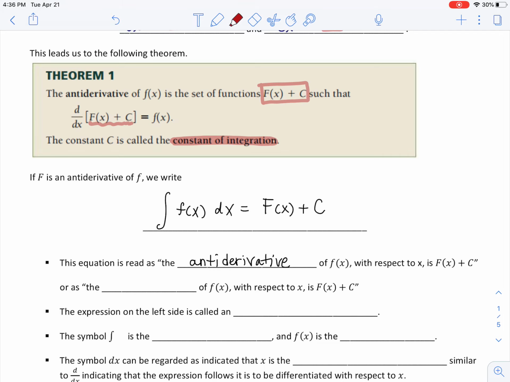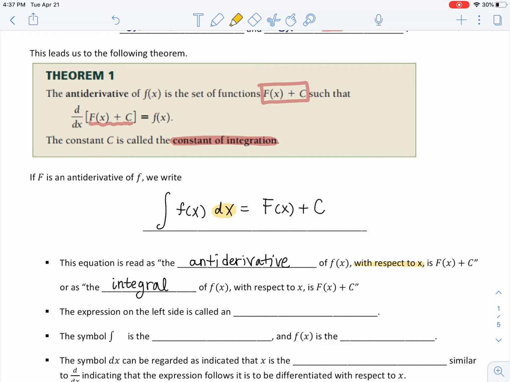So this equation is read as the antiderivative of little f of x with respect to x. The part I'm highlighting, guys, with respect to x, is from this dx, is big F of x plus c.